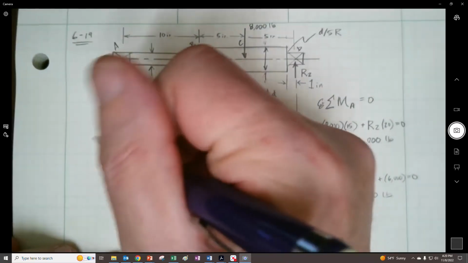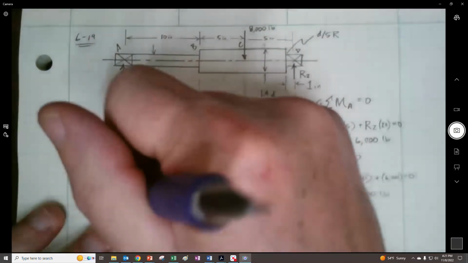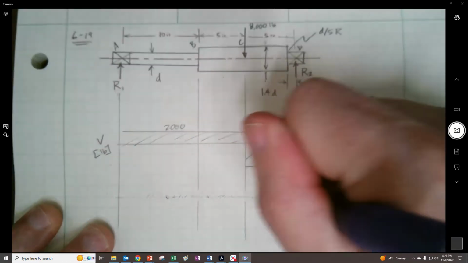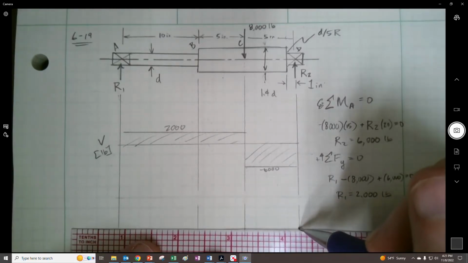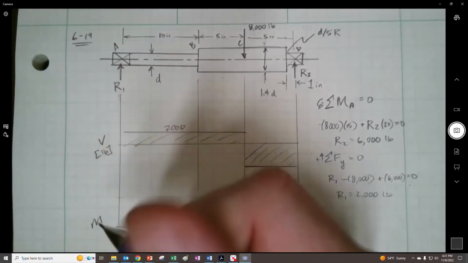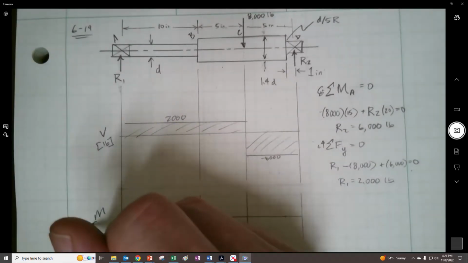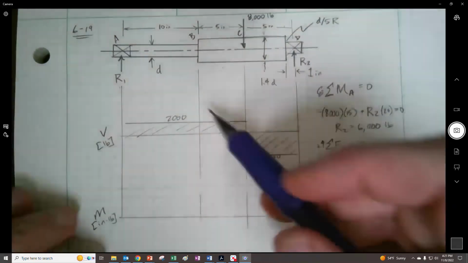And so here's your V, and this is going to be in pounds. I'm going to rewrite my moment line. Move it down some. And these are going to be in inch pounds.